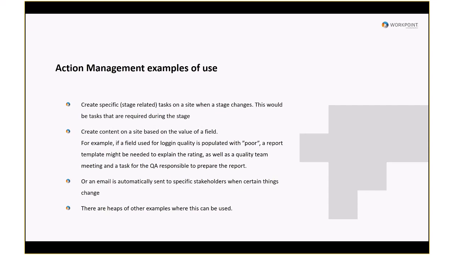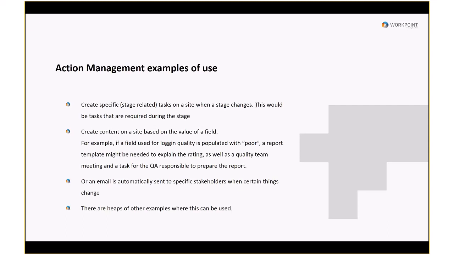You could also do other simple things like sending an email alerting the site or case creator that the state has changed, or other people involved in this. You could also have specific documents created on the site.